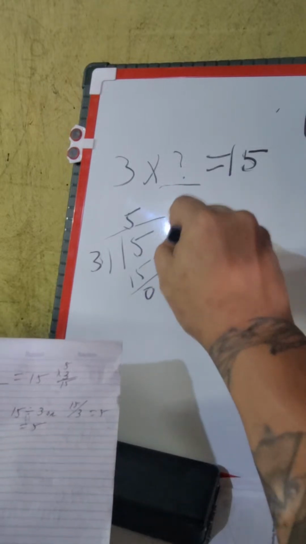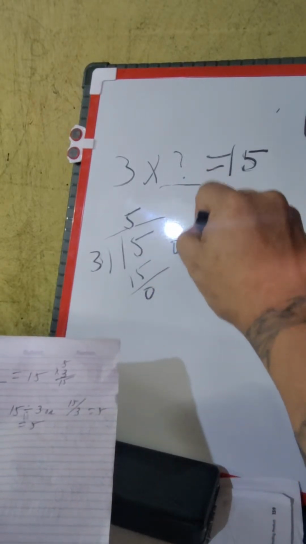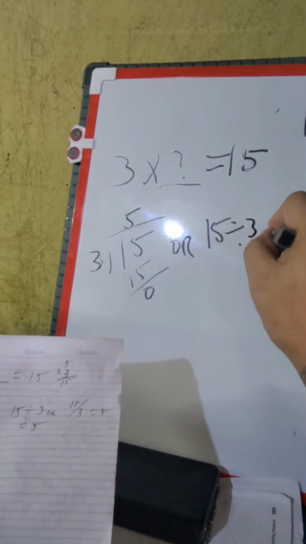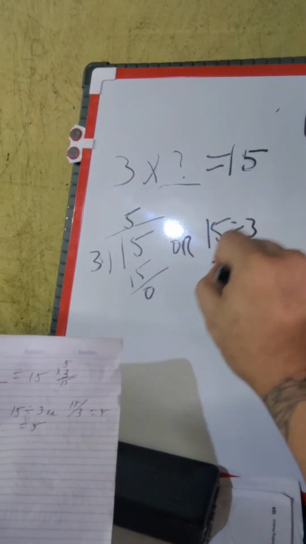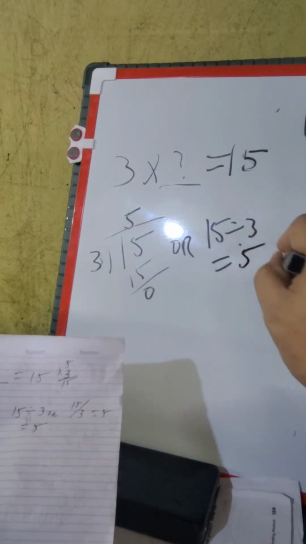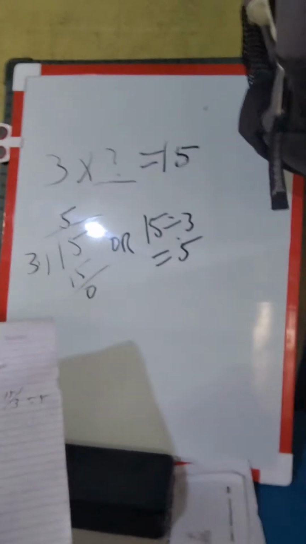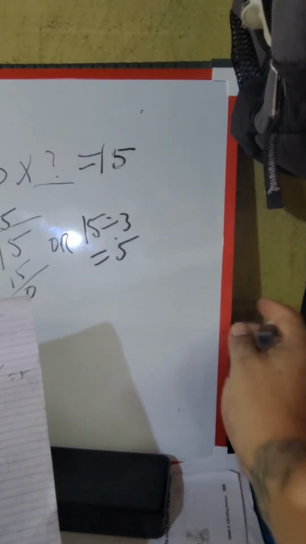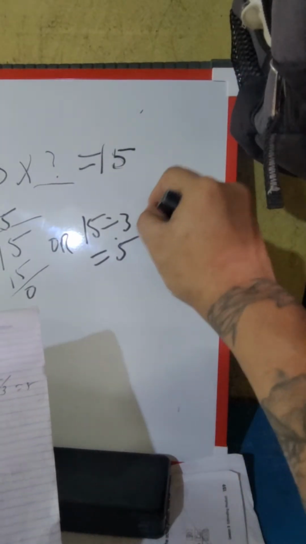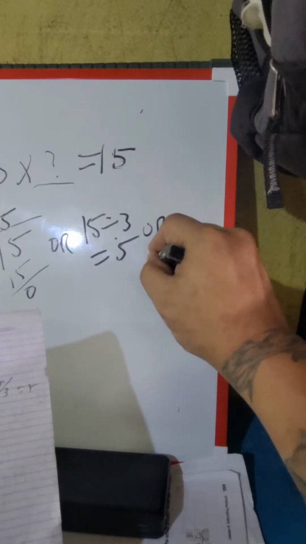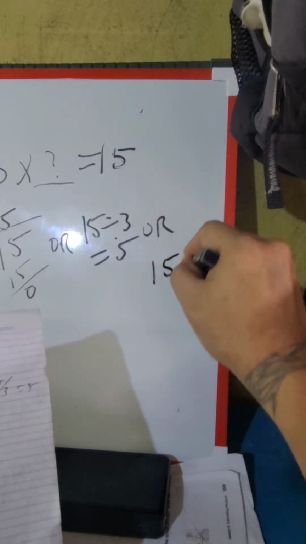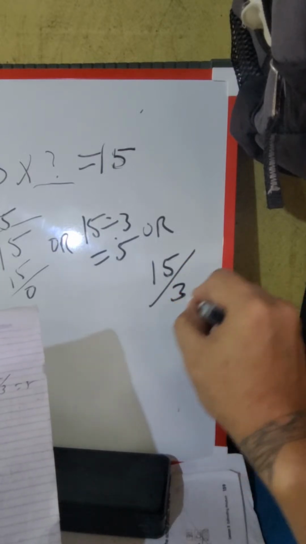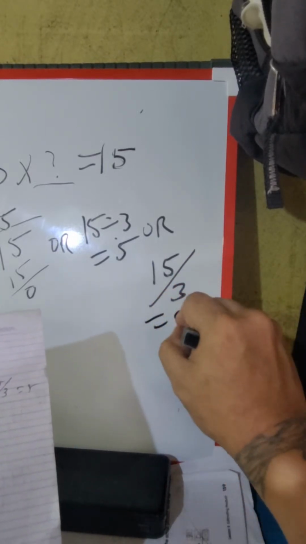Or I said like this, he's going to see 15 divided by 3 equals 5. Or he's going to see 15 divided by 3, which equals 5.